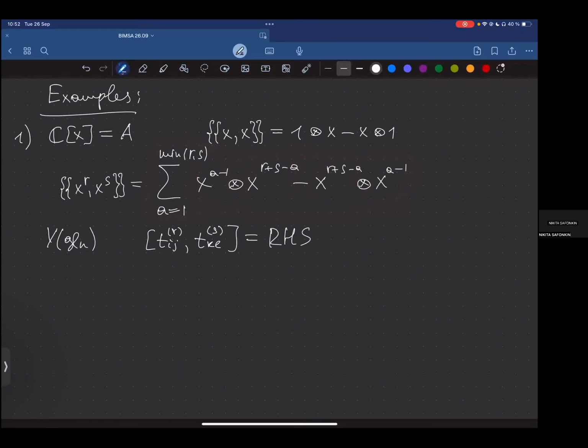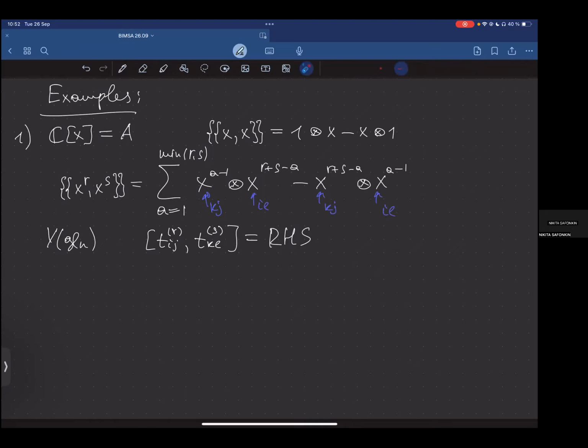So if we assign these indices like kj here, il here, and the same here, kj il.